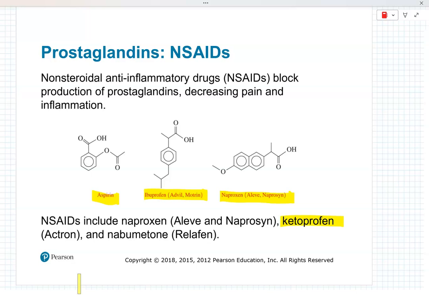What would the physician tell you? You should stop if... Well, yeah, but what is the side effect of all non-steroidal anti-inflammatory drugs? It's pretty well known. Gastritis.